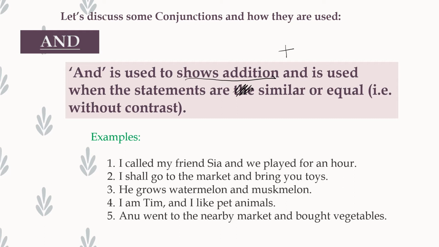So मतलब एक ही जैसे, if we are using similar type of things, मतलब same things in a sentence, then we use and. For example, if we take this name Tina, okay, say we are saying Tina went to a market and she bought many fruits.